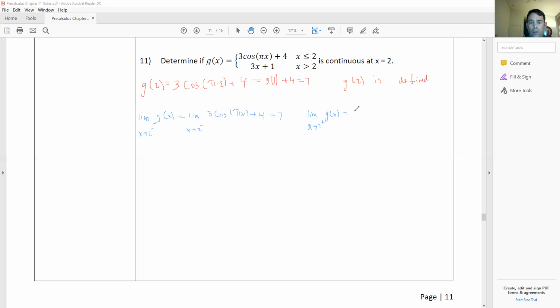So that would be the 3x plus 1 side. That also equals 7. So since they both equal 7, that means the limit exists and it equals 7. So we've got to write our statement about that.